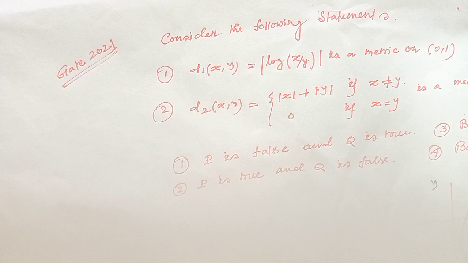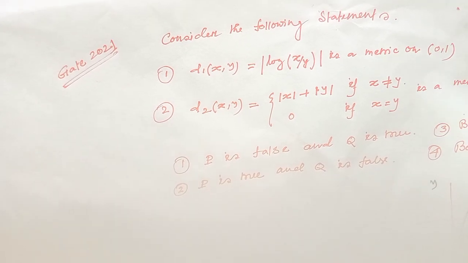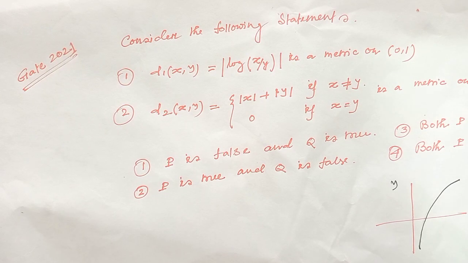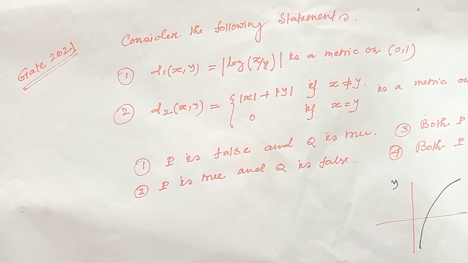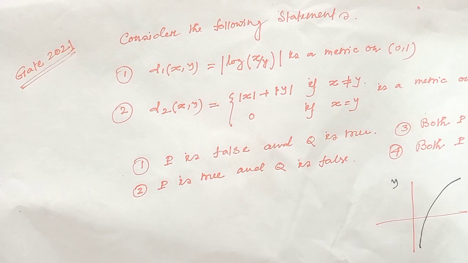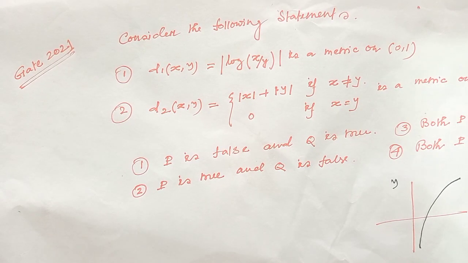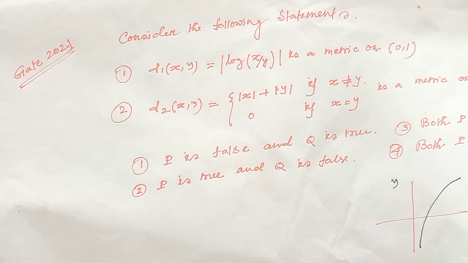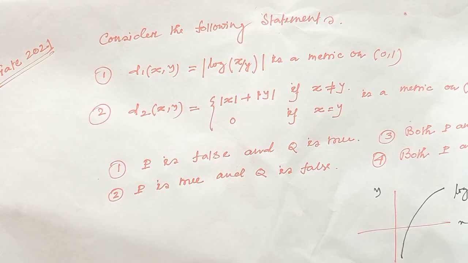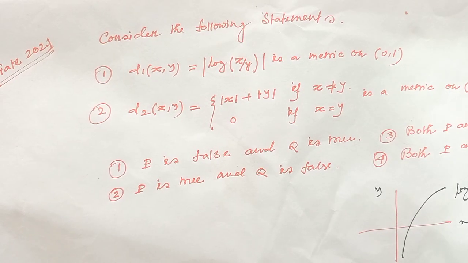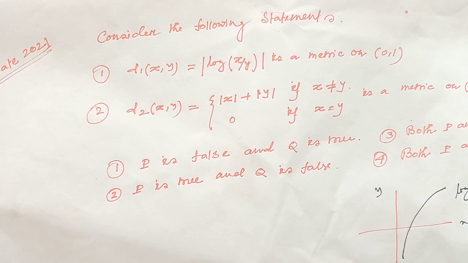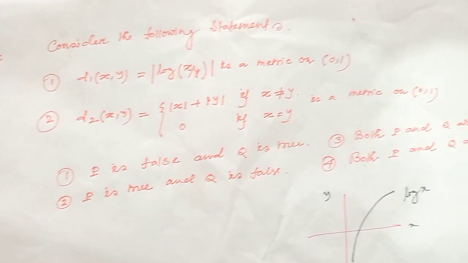The question is, consider the following statements. Here the first metric, d1(x,y) = |log(x/y)|. P: is this function a metric on the open interval (0,1)? Option 2, Q: d2(x,y) = |x| + |y| if x is not equal to y, and 0 if x equals y.